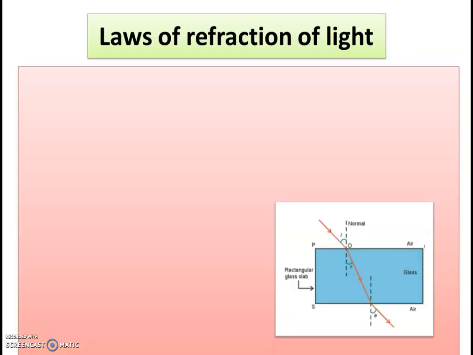Now we know what is meant by refraction of light. Now we will learn the laws of refraction of light. Whenever light passes from one transparent medium to another transparent medium obliquely, there is a change in the direction of propagation. But there are certain laws regarding the refraction of light. Those laws we are going to learn in this section.